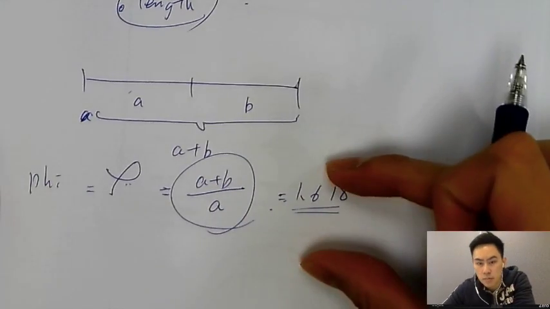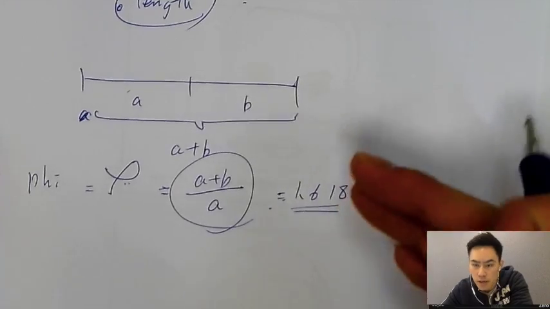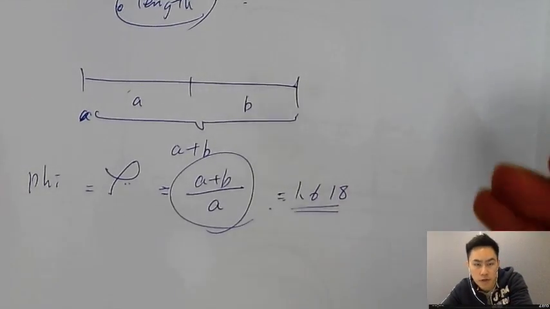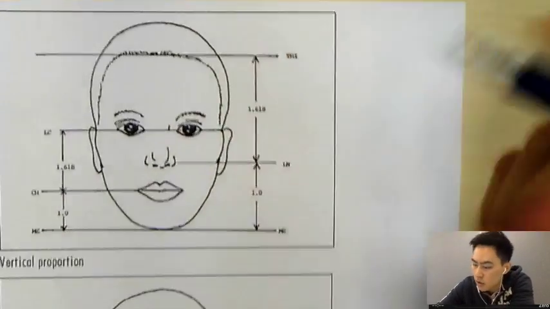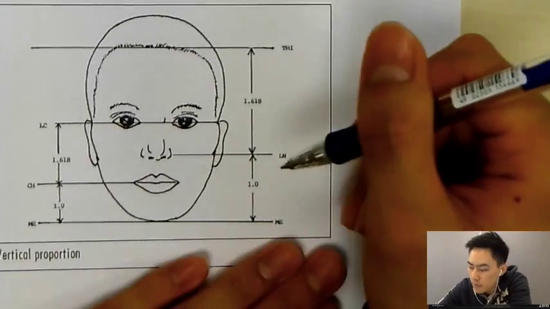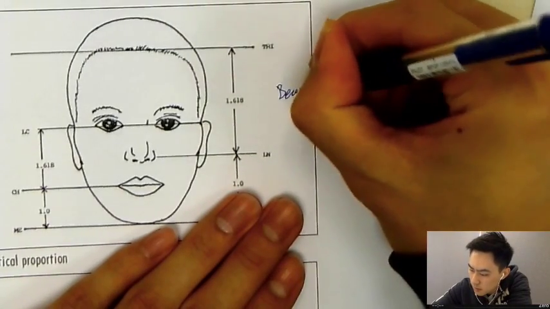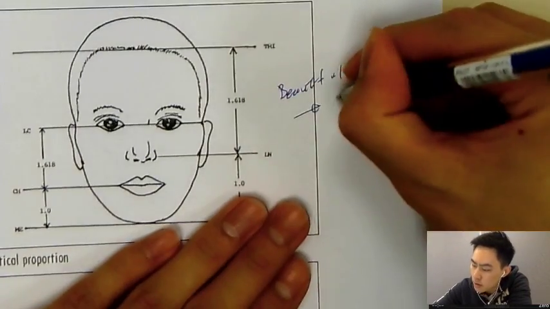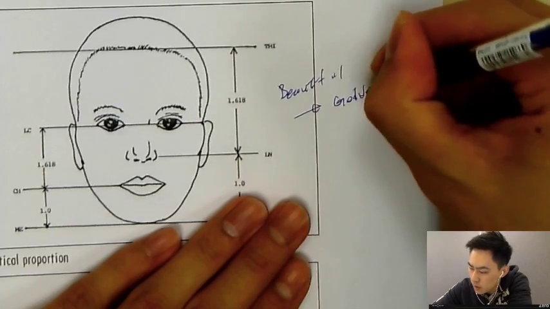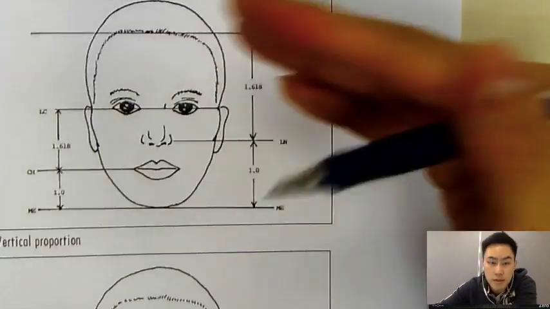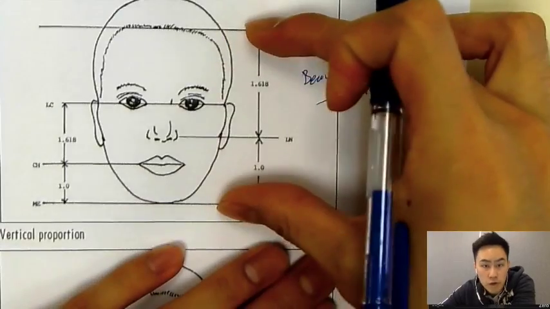But how does this number apply to different faces, and apply to daily observations? So let's move on to this page. So you can see, we assume that a beautiful person's face will follow the golden ratio in this way.